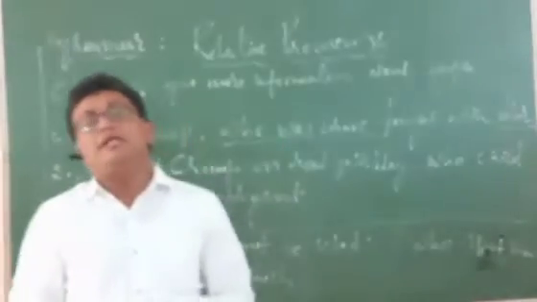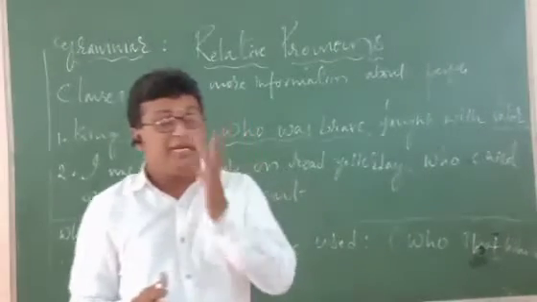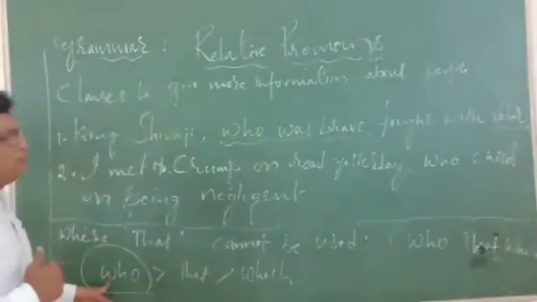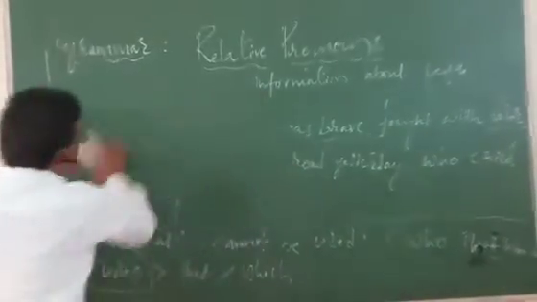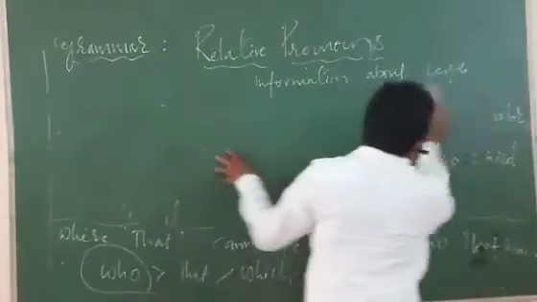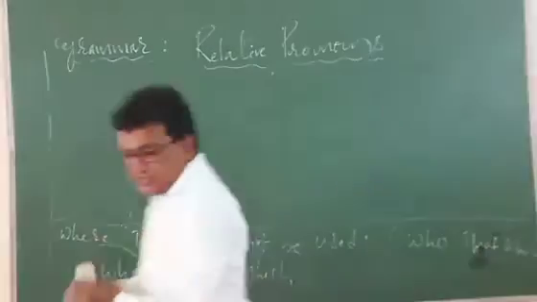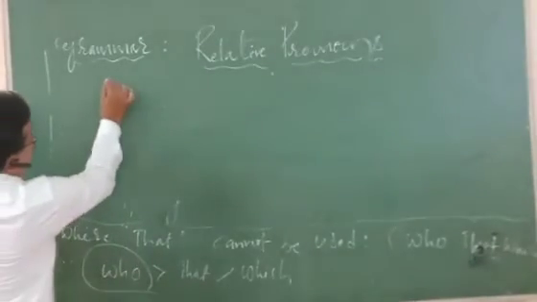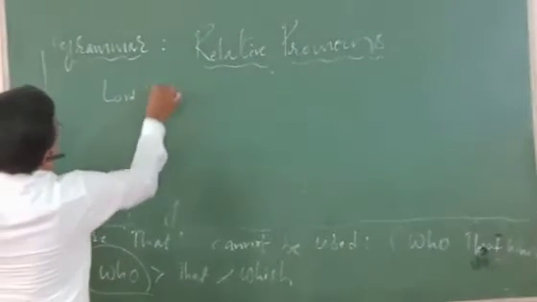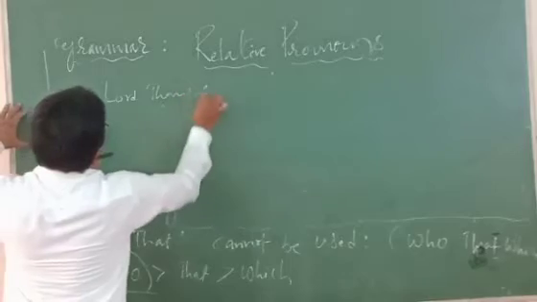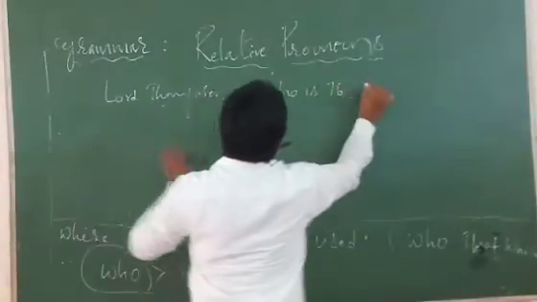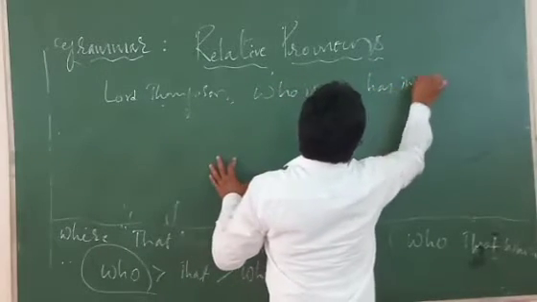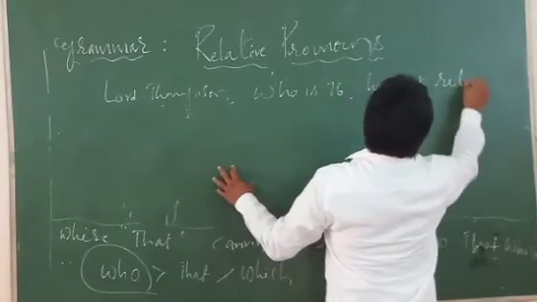In this sentence in particular, I cannot use that instead of who. Let me write that example over here. Why should I not use that in this case? It is formal. See here, Lord Thompson, who is 76, has just retired.